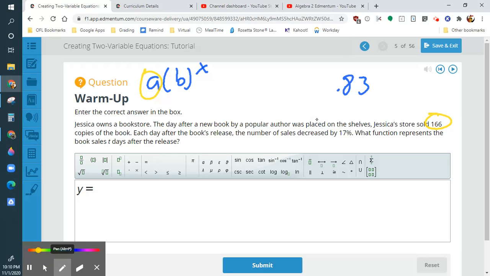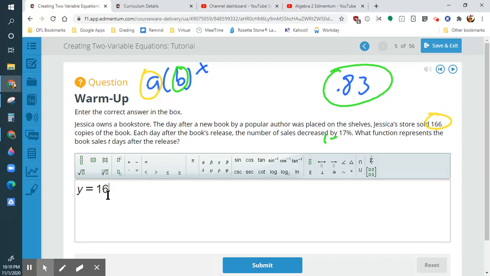And then our B, let me do that in green, would be our 1 minus that, which ends up being this. So we're going to start the equation at 166 parentheses 0.83 to the exponent of x, assuming that x represents the days after the, oh, actually it's saying t. So this is going to be t for the number of days sold.